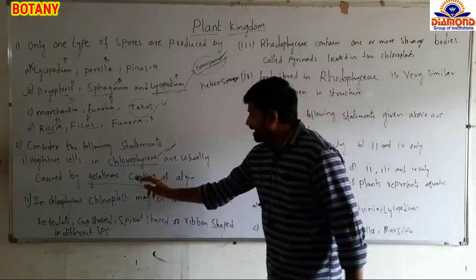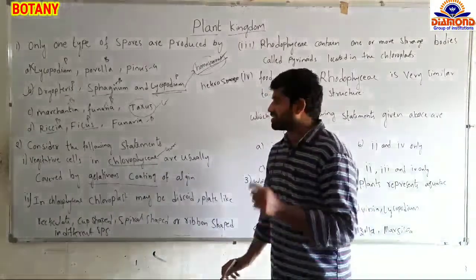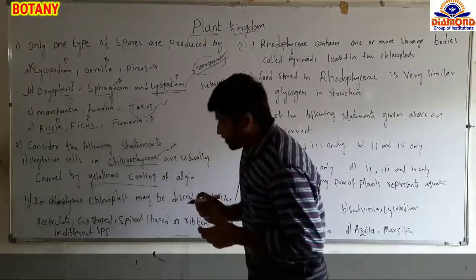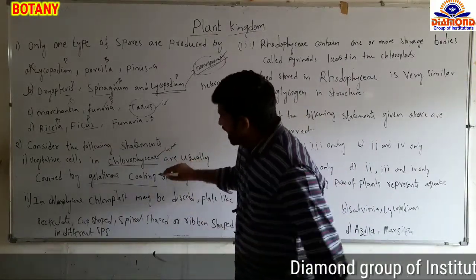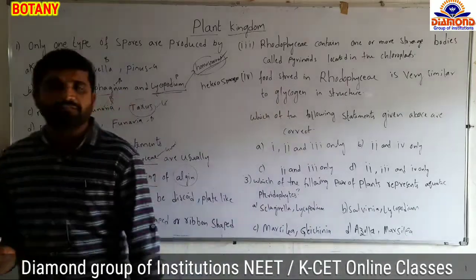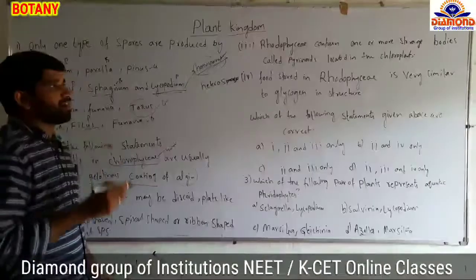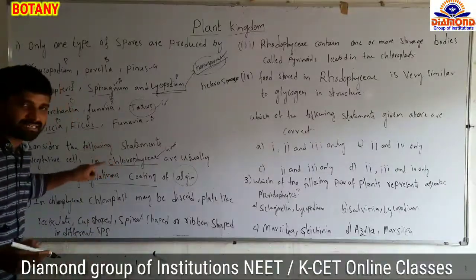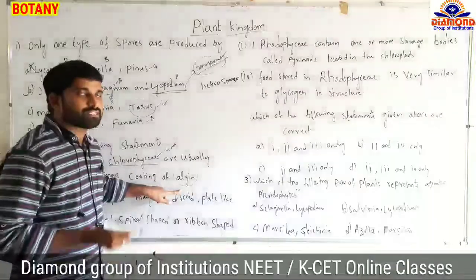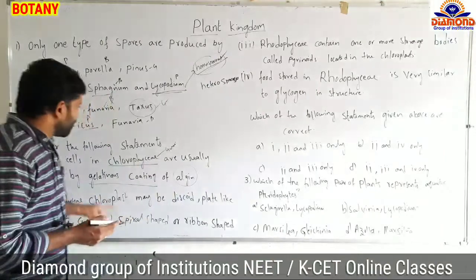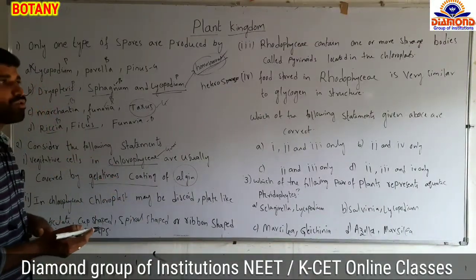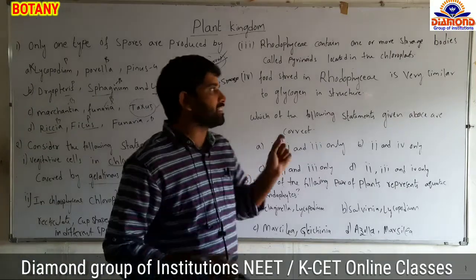The gelatinous coating of algin is a character we see in Phaeophyceae. Some Chlorophyceae also get covered by a gelatinous layer, but that layer is not made of algin; it is made of cellulose in Chlorophyceae. Here it is given as a gelatinous coating of algin, but Chlorophyceae does not have an algin layer.